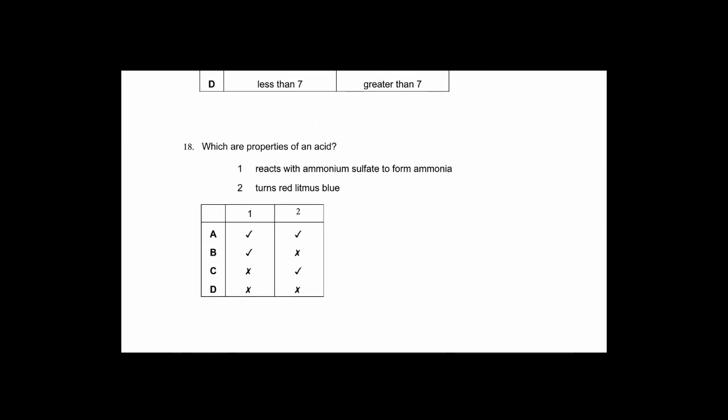We continue. We go to question number 18. Which are properties of an acid reacting with ammonium sulfate to form ammonia? This is not possible. I give you an example: I get ammonium sulfate, and then I react it with an acid.